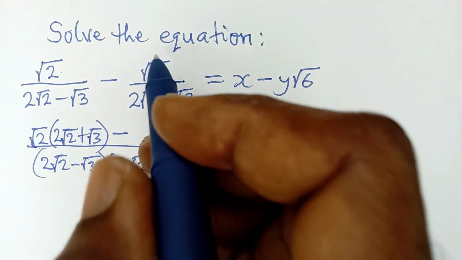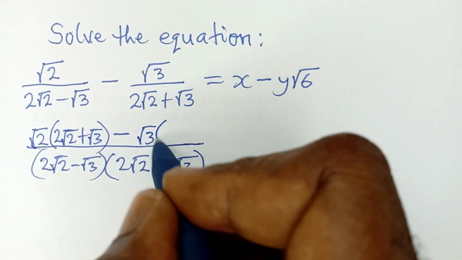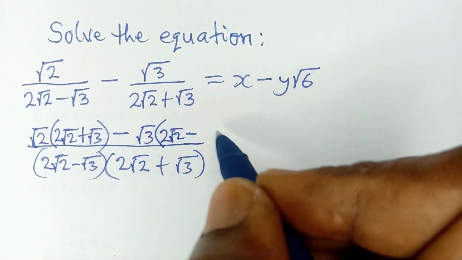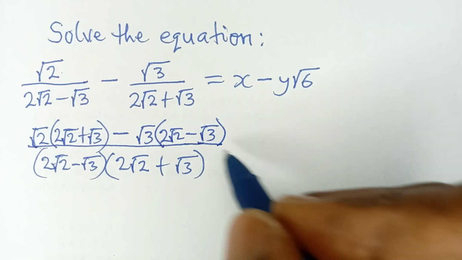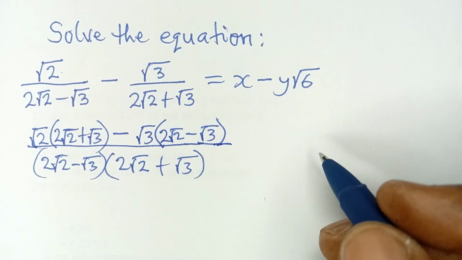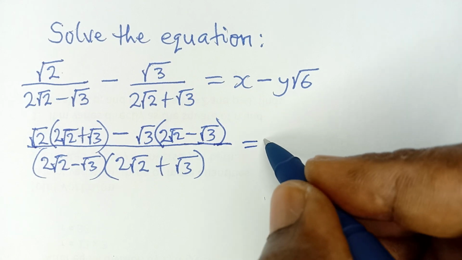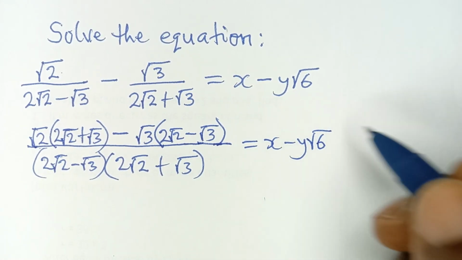So we use this to multiply the numerator. So it becomes the numerator, which is root 3, multiplied by 2 root 2 minus root 3. And don't forget that is equal to the right hand side, which is x minus y root 6.